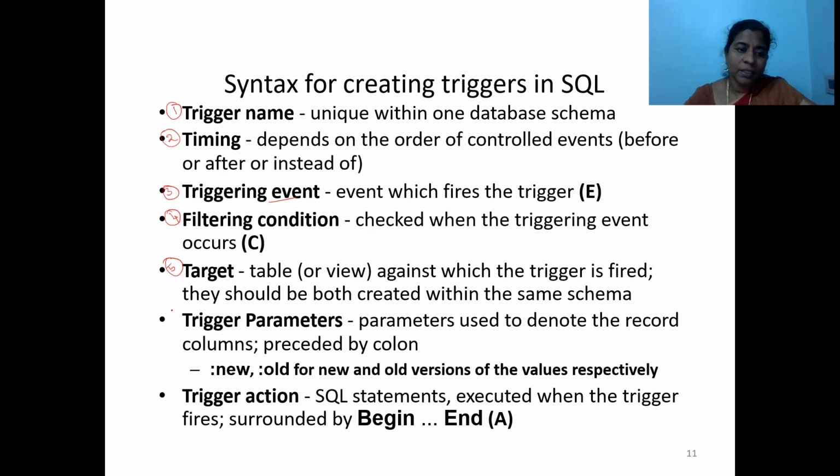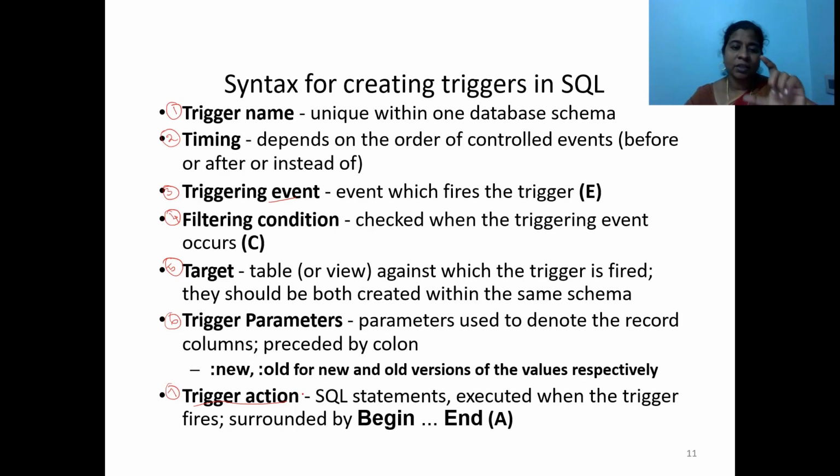And the sixth one is the triggering parameter. Parameters are used to denote the record columns, preceded by a colon. For example, whether it is the new value or old value, that version has to be mentioned and it will be prefixed with a colon. And the seventh one is the triggering action. These are the SQL statements that are executed when the trigger fires.